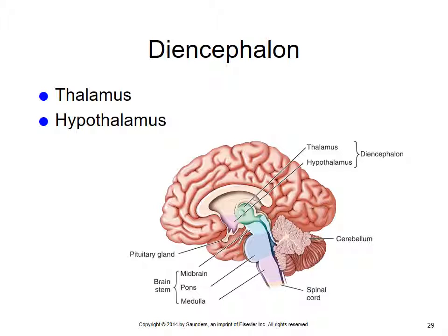The hypothalamus sits above the pituitary gland and controls endocrine function. It is also the body's thermostat and helps regulate autonomic functions. So we talked about the hypothalamus in the integumentary system and how its role was the thermostat of the body.